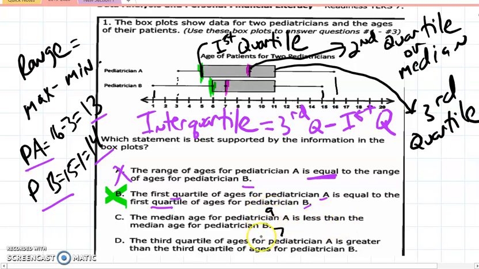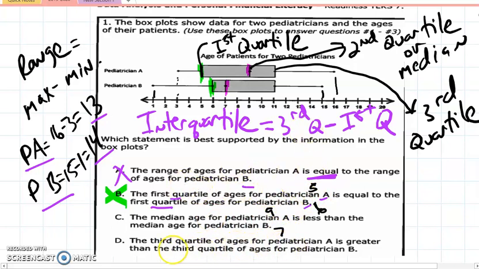So is 9 less than 7? Plain simple question. First quartile, I forgot to mention, was 5 for this one, and for B it was 6. So are they equal to each other? No.